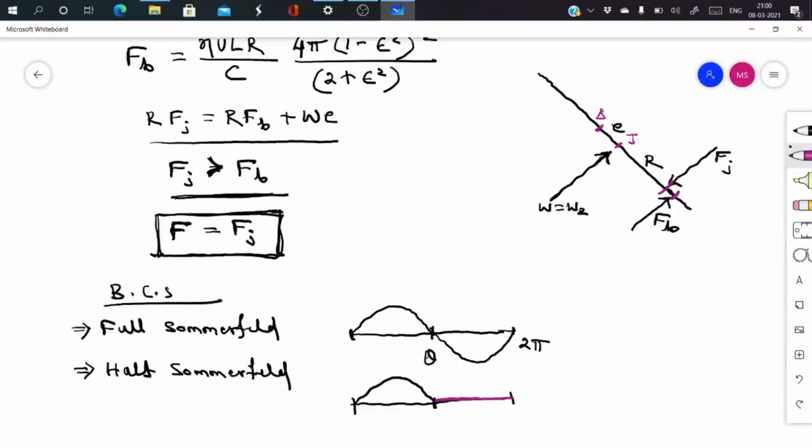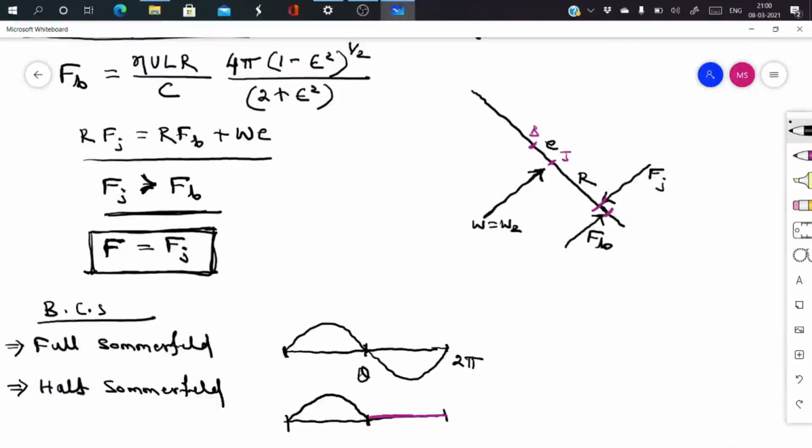So that means if you write here, P equal to 0 for full Sommerfeld at theta equal to 0 and 2 pi, and here in this case P equal to 0 at theta equal to 0 and pi.